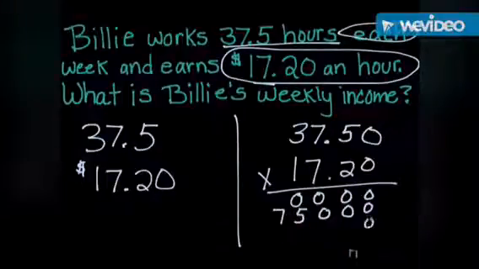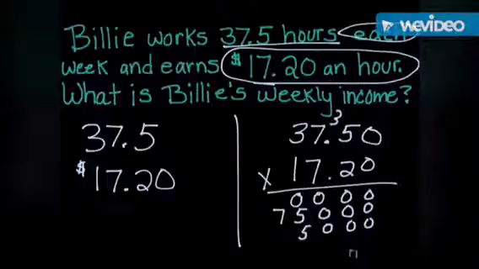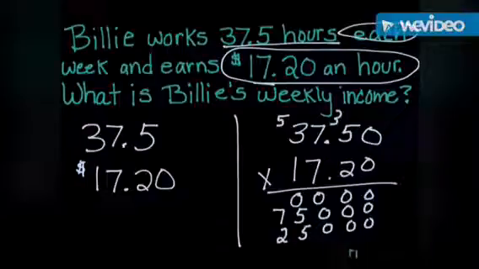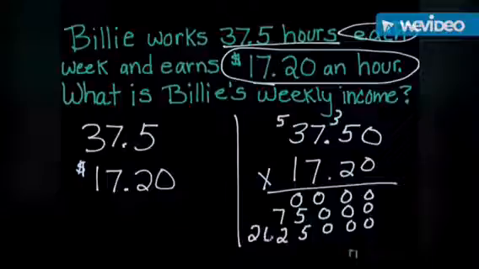And my next row, I have 2 placeholders. 7 times 0 is 0. 7 times 5 is 35. 7 times 7, 49, plus 3 is 52. Carry the 5. 7 times 3 is 21, plus 5 is 26.